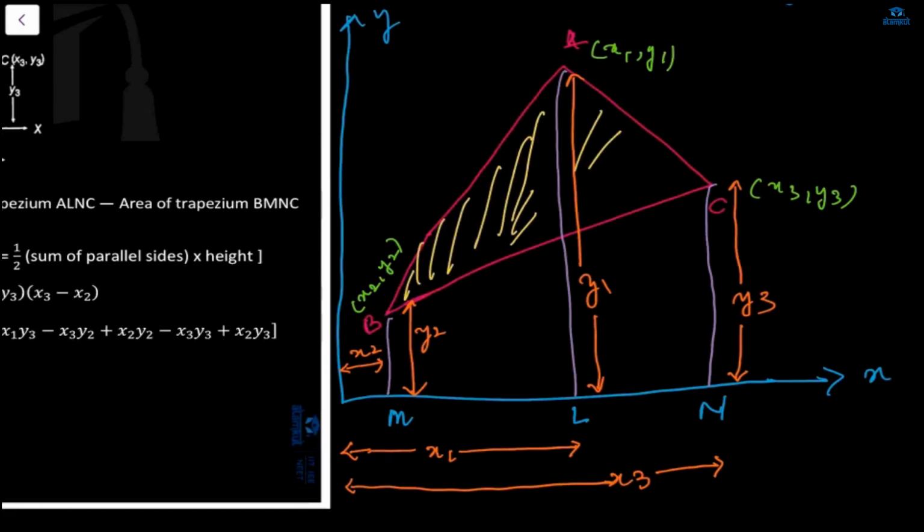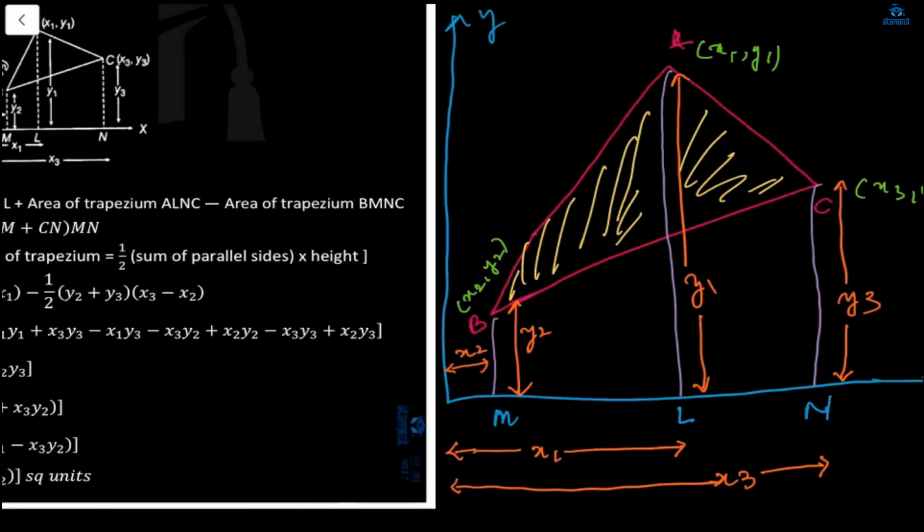If you see here properly, there are three trapeziums. Which are the three trapeziums? They are ABML, then ACNL, and the third trapezium is the downward one, BMNC. Now, how can you find the area of triangle ABC?